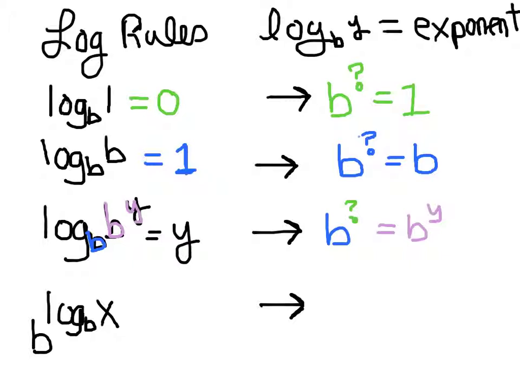You can think through this next problem the same way, but at some point, I think it's just better that you internalize that a log and an exponent are inverses. Kind of like multiplying is the opposite of dividing, adding is the opposite of subtracting. So if you have b to the log base b, these guys just completely cancel away because they're inverses, and the answer is just equal to x.